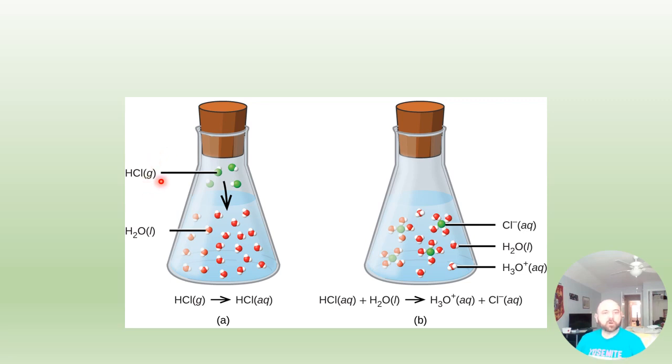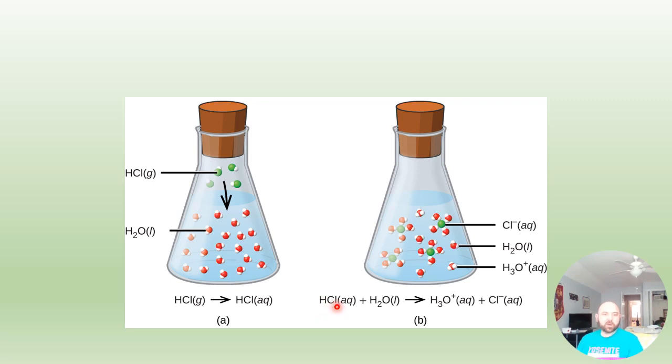It's when you dissolve that substance in water that it becomes the very common hydrochloric acid. So we show that diagram here, the HCl gas dissolving into the liquid H2O to go from HCl gas to HCl aqueous. When that happens, though, there is an acid-base interaction that takes place.